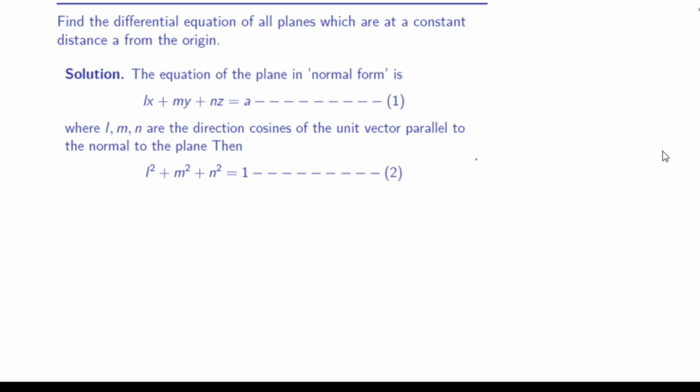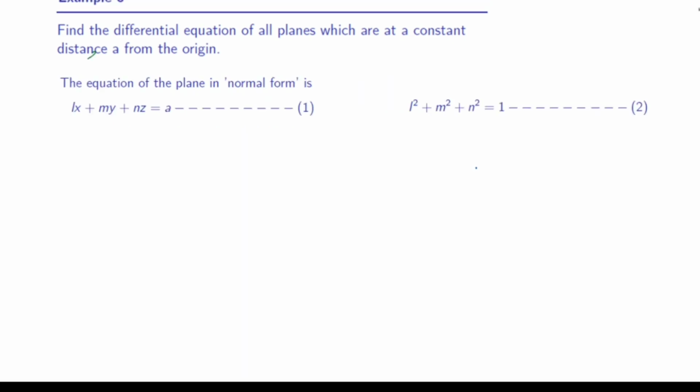We take these two equations to eliminate the arbitrary constants L, M, N and form a partial differential equation. Now let us start solving this. We differentiate equation number 1 partially with respect to x.